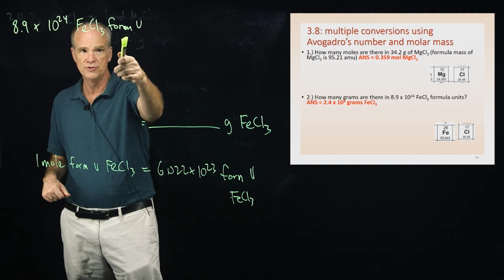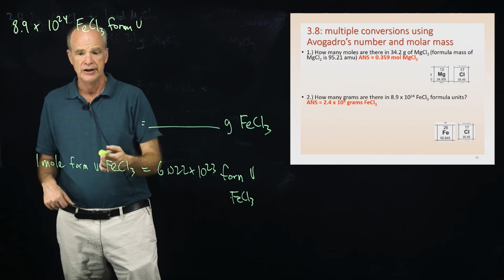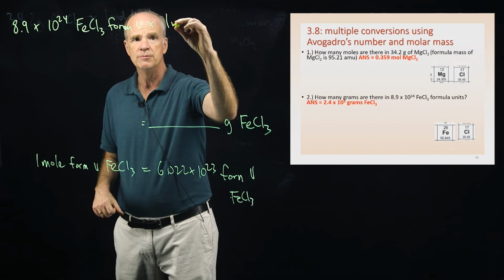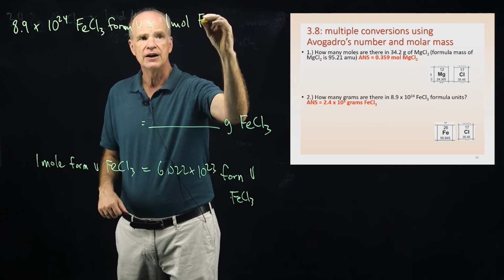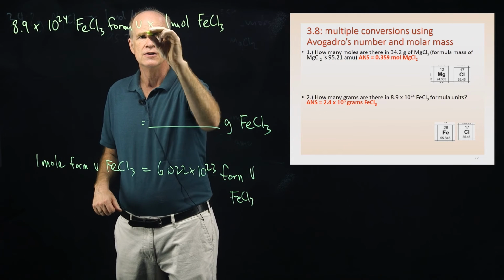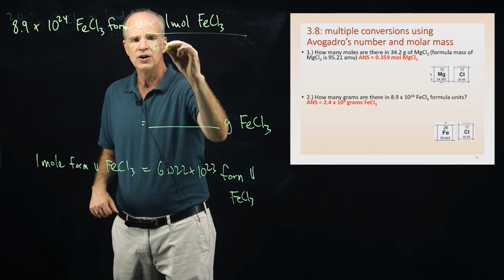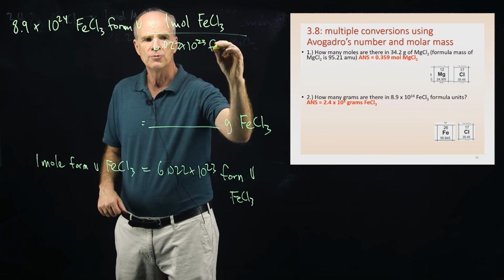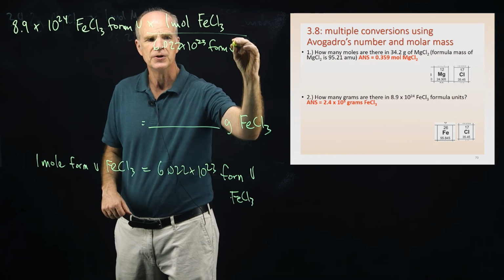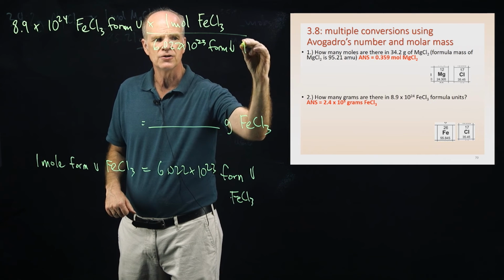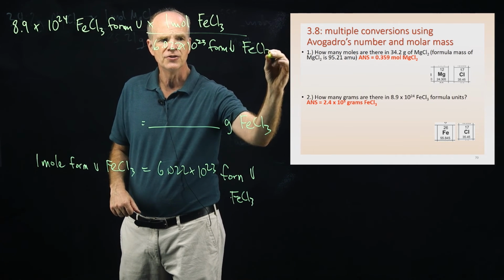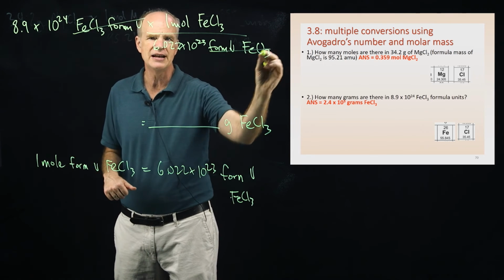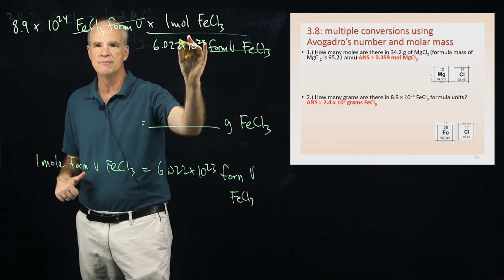Let's get formula units into moles. So what I would do is times 1 mole of iron chloride over 6.022 times 10 to the 23 formula units of iron chloride. And let's see where we're at now. It looks like iron chloride formula units cancels, and so right now we're at moles of iron chloride.